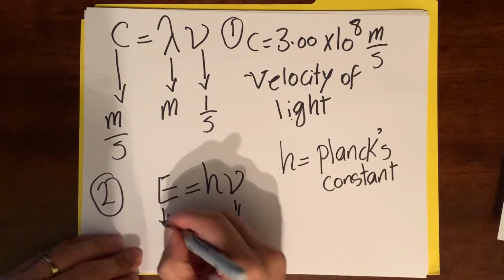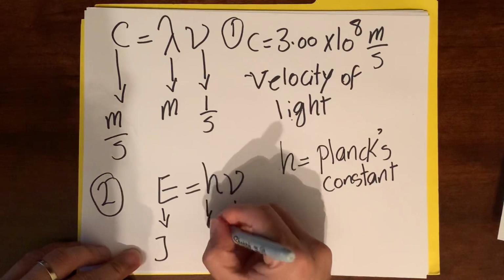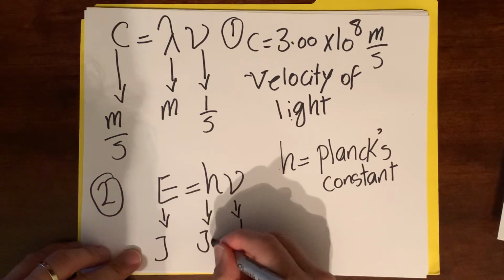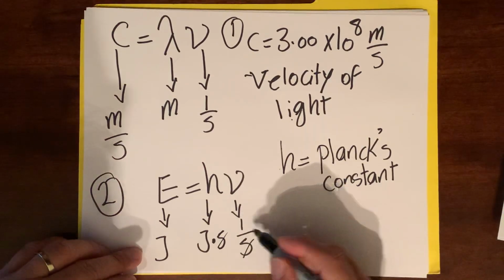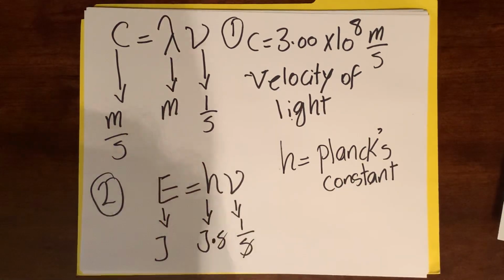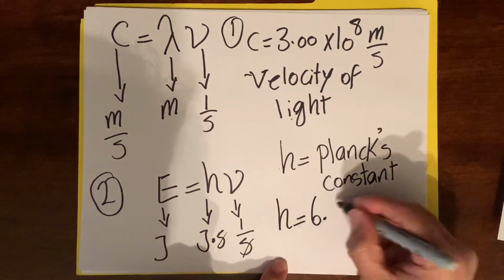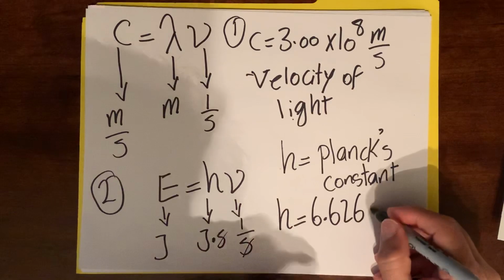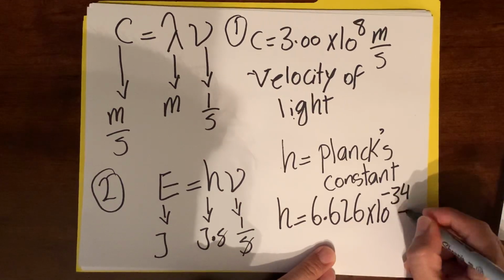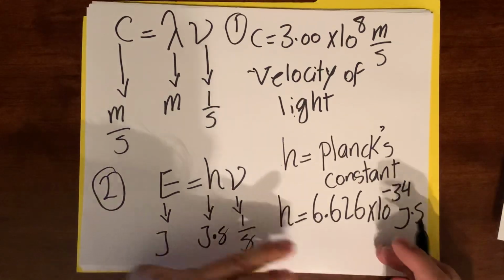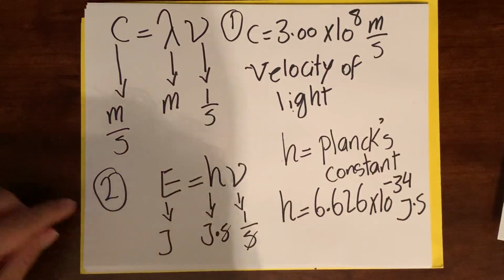Energy is joule. So h must be joule multiply second. Then you cancel second by second, and you will get joule, which is the right unit of energy. What's the number for h? It is 6.626 multiply 10 to the power of minus 34 joule second. Call it formula number 2.